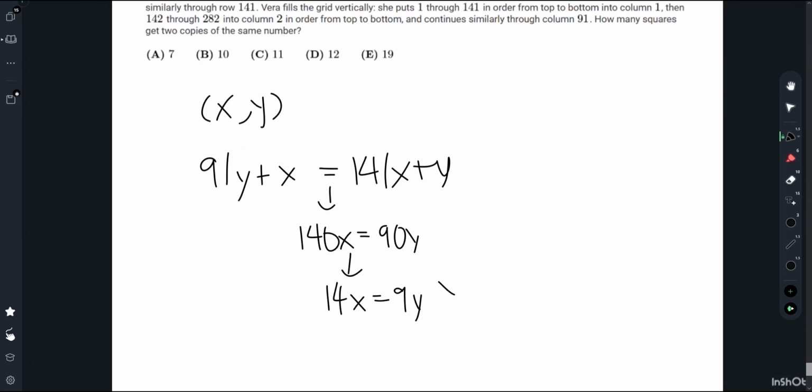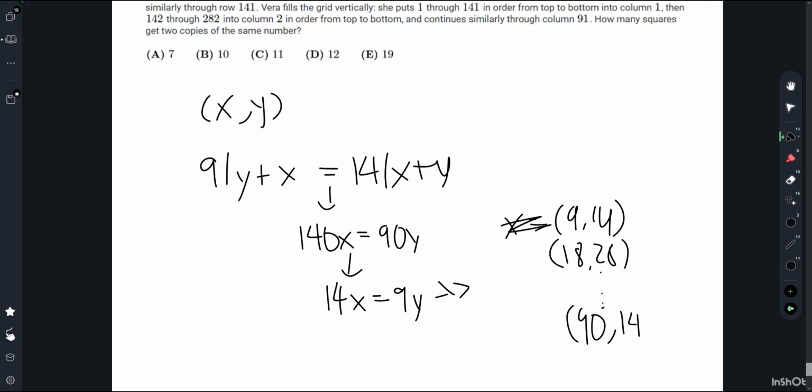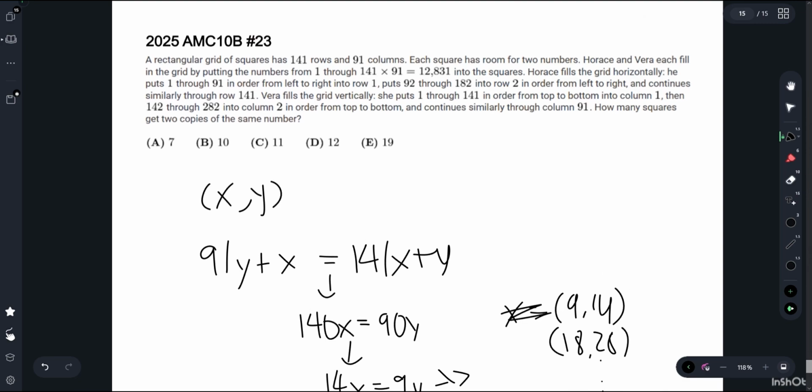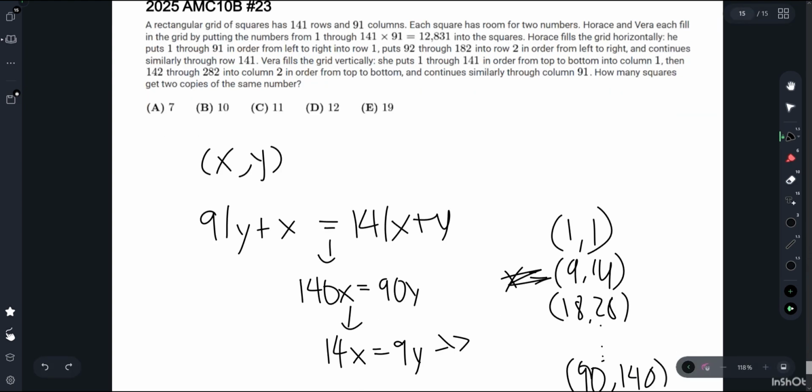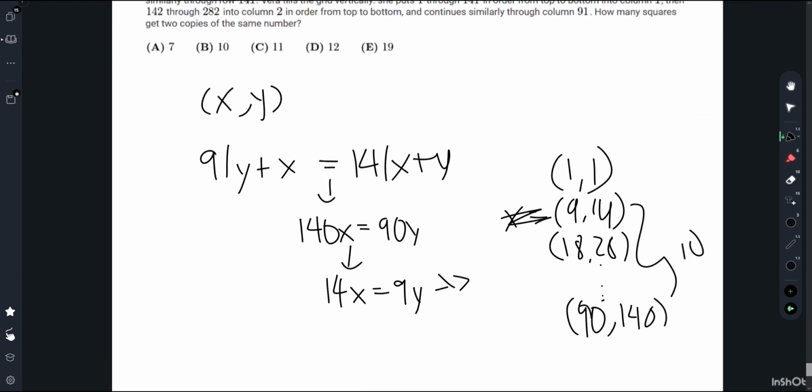So we can set (x, y) as 9 comma 14, 18 comma 28, and all multiples of 9 and 14 work, all the way until 90 comma 140. But not to mention, 1 1 also works, which corresponds to 0 0 in this case. And 1 1, obviously, the first square gets counted once for both ways. So our total is 10 and 1, which is 11. So E.